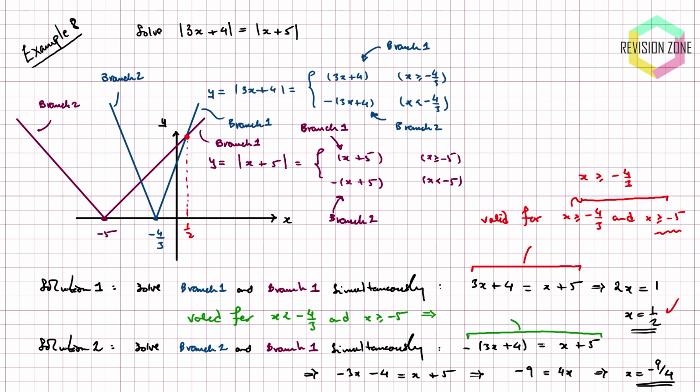Well, that's just the same thing as x being between, say, -5 and -4/3. And we can see directly from here that actually our solution is perfectly between -5 and -4/3. Indeed, -9/4 is just negative sort of 2 1/4. So we give ourselves a tick.